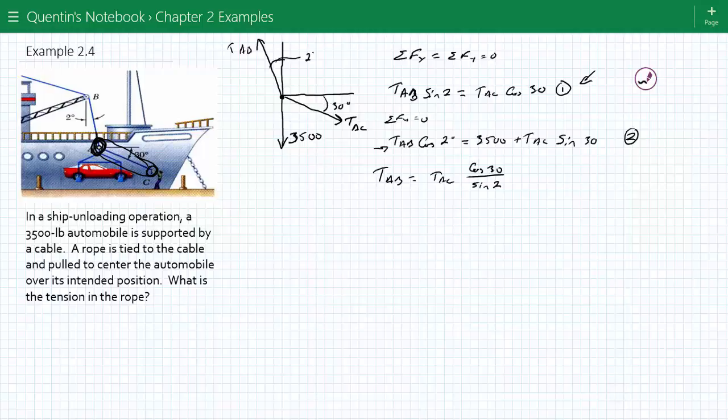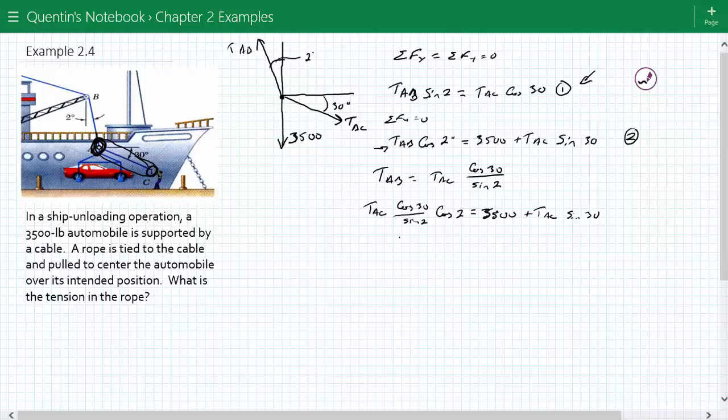And so you end up with TAC cosine of 30 over sine of 2 times cosine of 2 is equal to 3,500 plus TAC sine of 30.